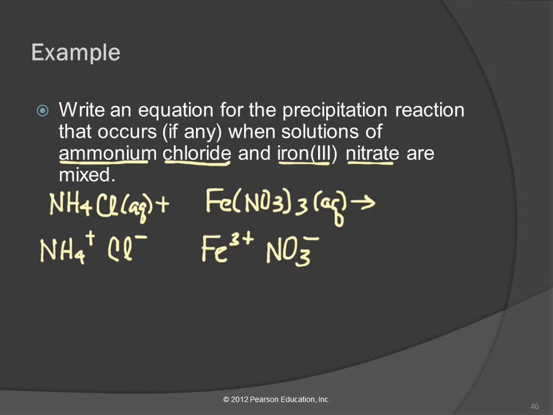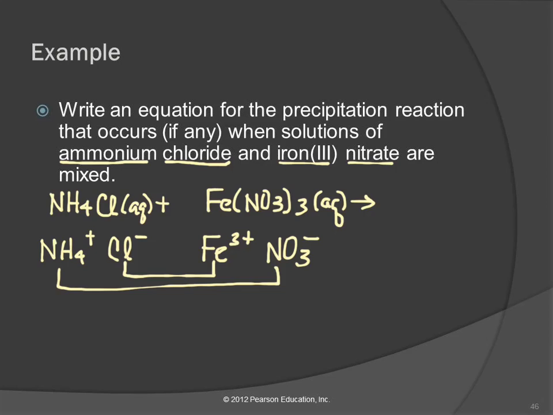So we've got 2 aqueous ionic compounds. What happens when an ionic compound dissolves in water is the ions separate. And so when we mix these 2 solutions, what we're looking for is what would happen when these ions switch partners. Would one of these make an insoluble compound is what we're looking for.